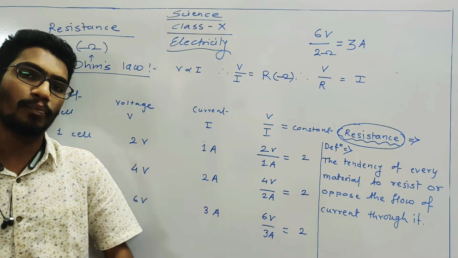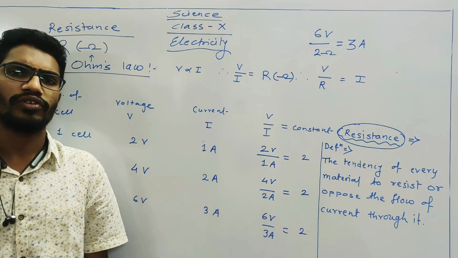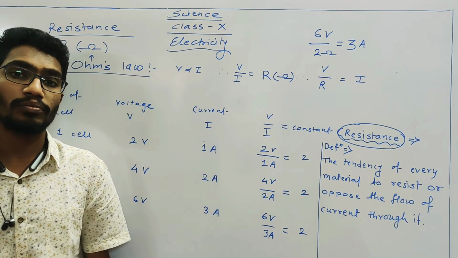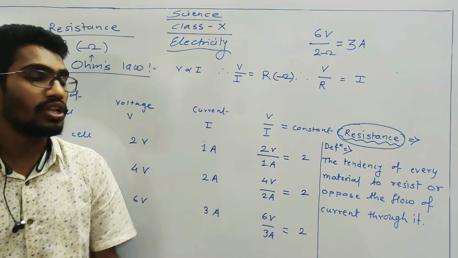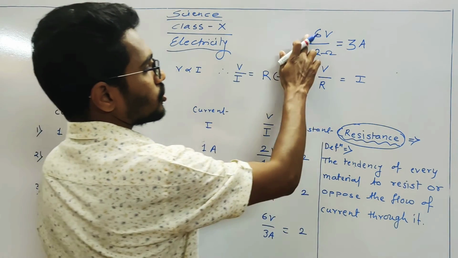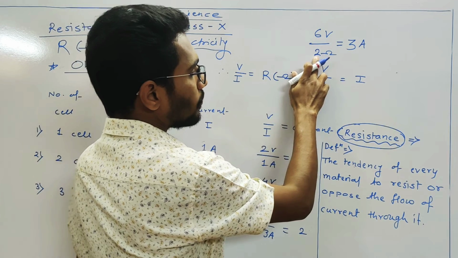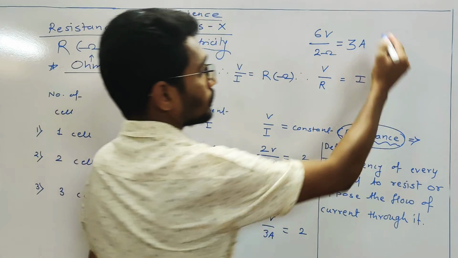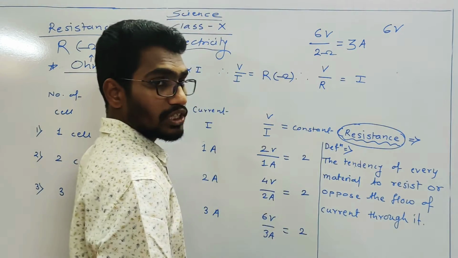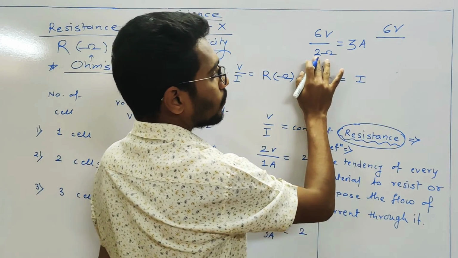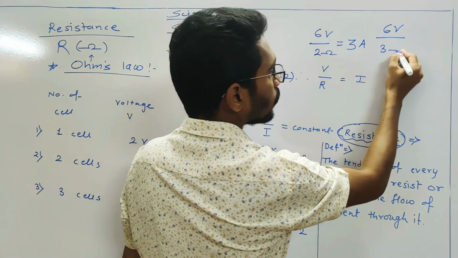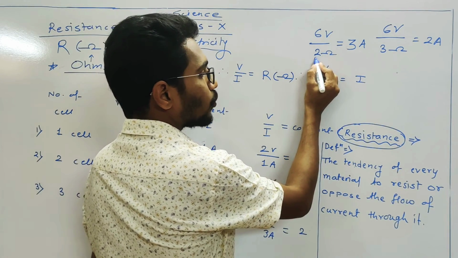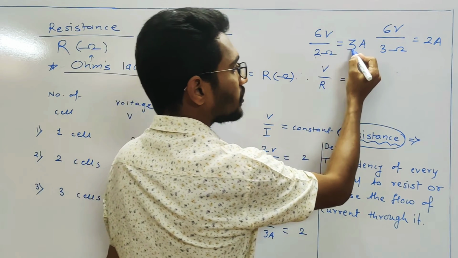If any conductor opposes more, less current will flow. If any material opposes less, more current will flow. Is it clear to all? Just see: 6 volt, 2 ohm resistance, 3 ampere of current. If you increase the resistance here, same 6 volt, resistance 2 ohm, let's make it 3 ohm. What will be the current? 2 ampere.